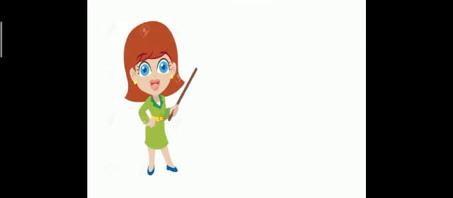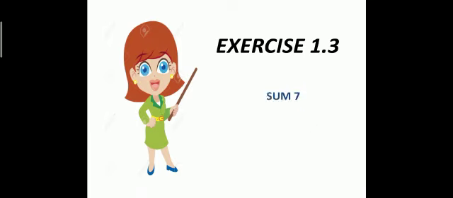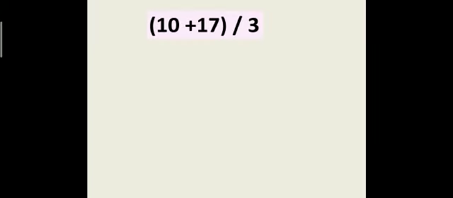Okay, children. We will get into exercise 1.3, sum number 7, simplification. Let us see the first sum. What is the sum given? 10 plus 17 divided by 3. What are the operations given?